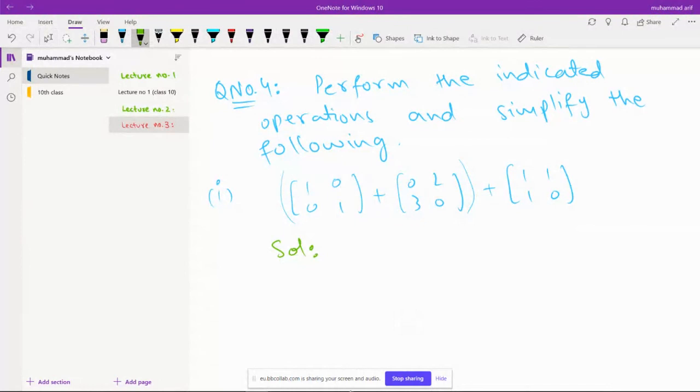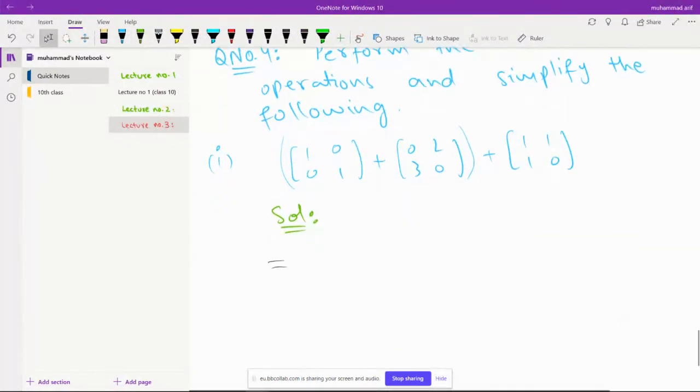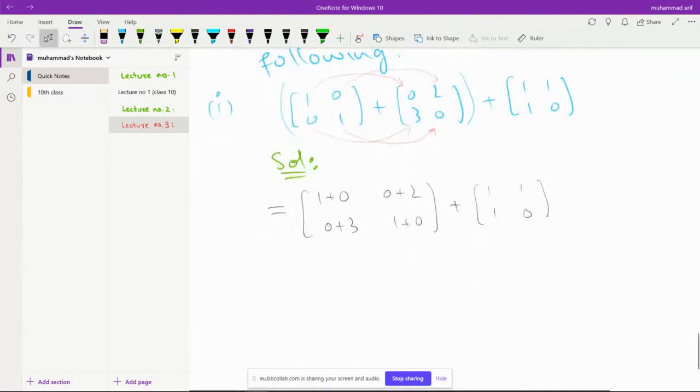First of all, we add the first two matrices. In the first two matrices, we see that the first element is added with the first element, the second element with the second, the third one with the third, and the fourth one with the fourth. It becomes 1 plus 0, 0 plus 2, 0 plus 3, 1 plus 0, and the third matrix written in the same form, [1 1; 0 1].